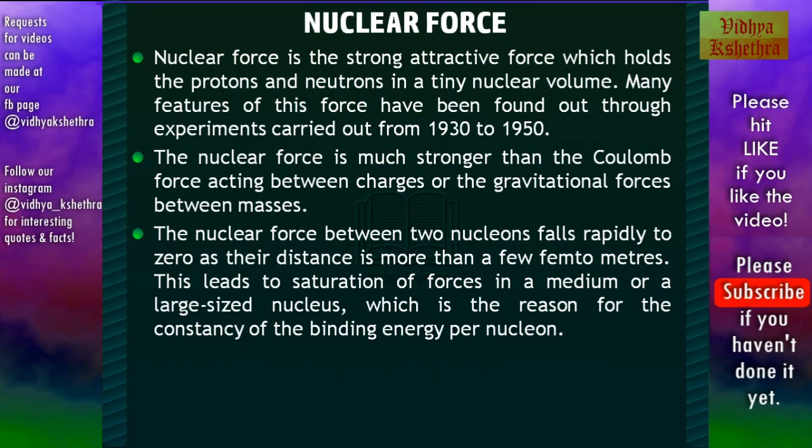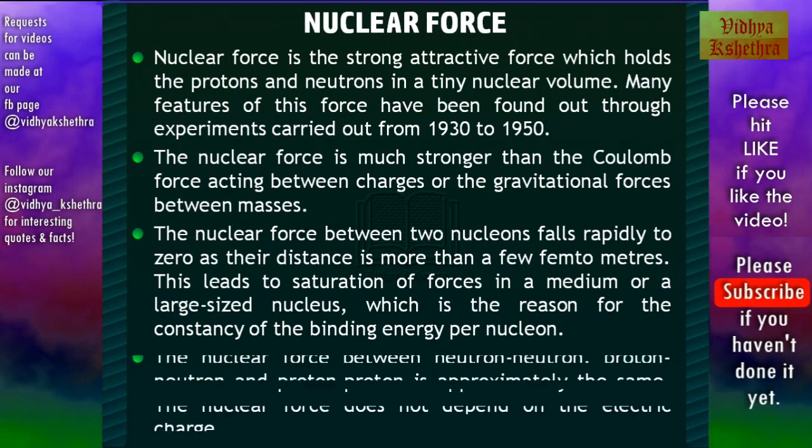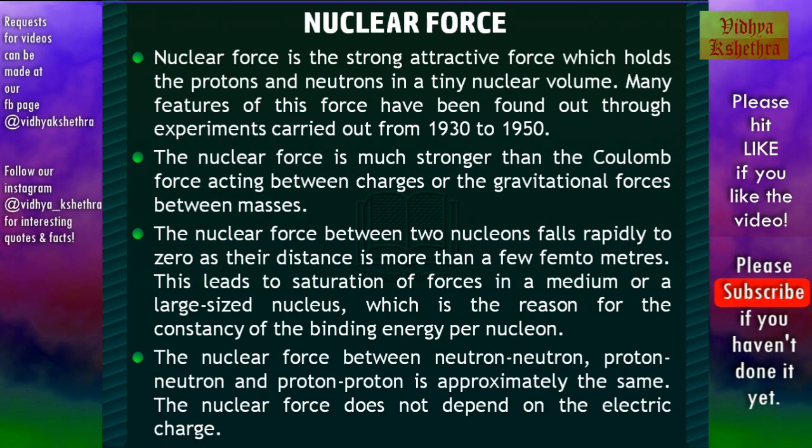This leads to saturation of forces in a medium or a large-sized nucleus, which is a reason for the constancy of binding energy per nucleon. Now the third feature is the nuclear force between neutron-neutron, proton-neutron and proton-proton is approximately the same. That is, they are independent of the electric charge.